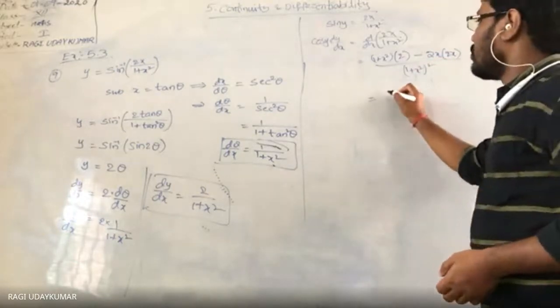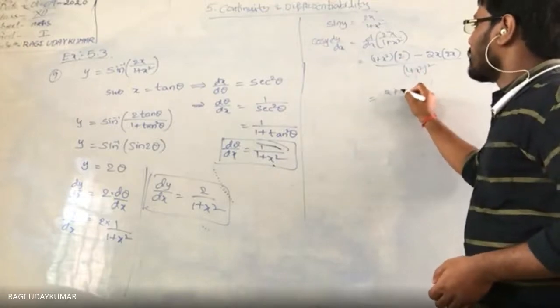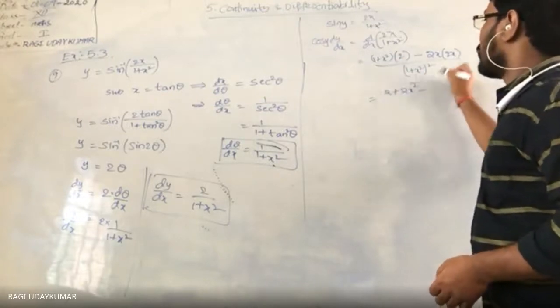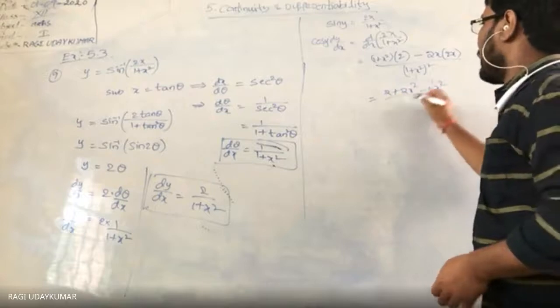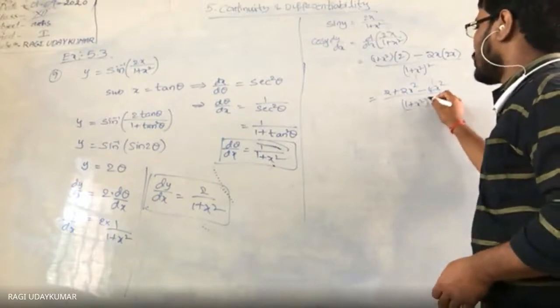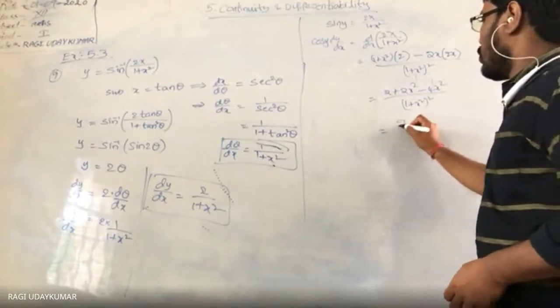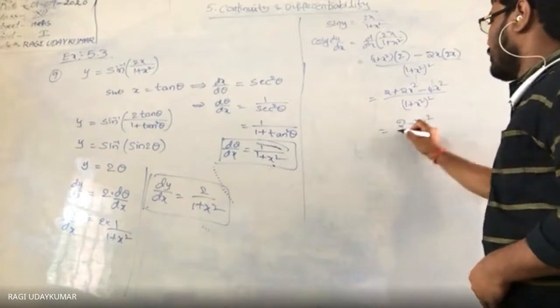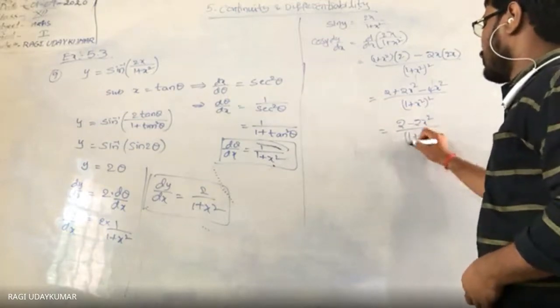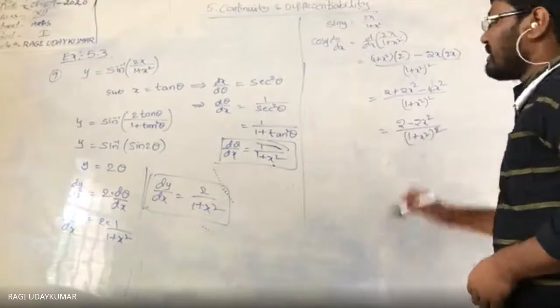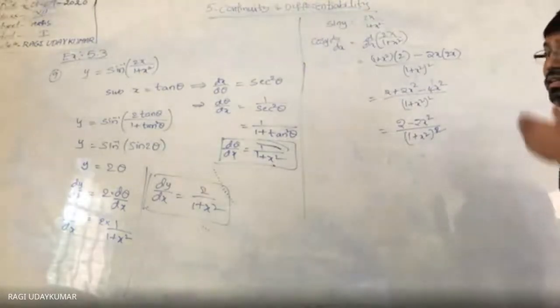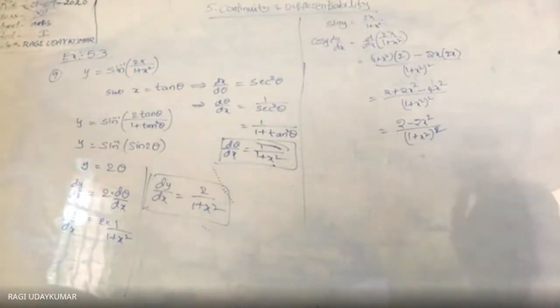This is equals to 2 plus 2x square minus 4x square by 1 plus x square whole square, which is equals to 2 minus 2x square by 1 plus x square whole square. So this is what we have: cos y dy by dx.